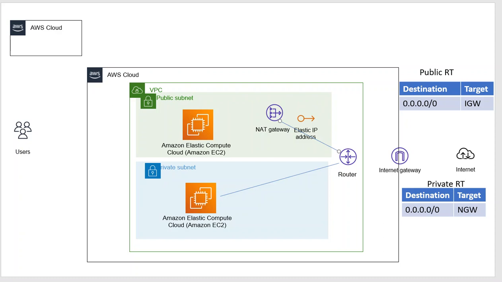So the request goes to the internet gateway, and from the internet gateway, it goes to the internet. Okay. So until now, I explained how an EC2 instance in a public subnet accesses the internet, and second, how an EC2 instance in a private subnet accesses the internet.